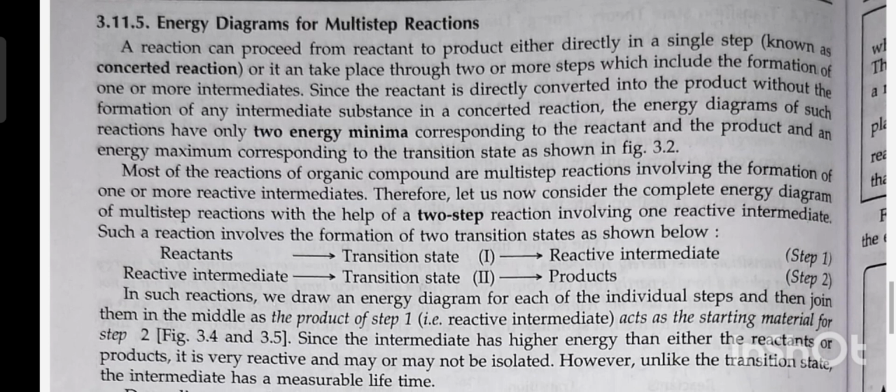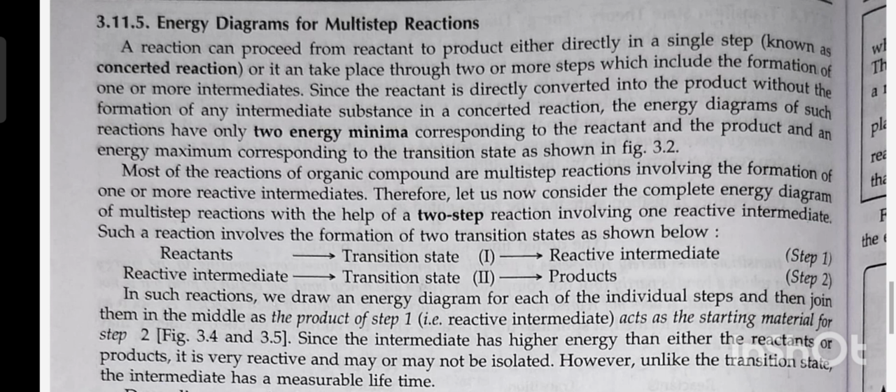Most organic reactions are multi-step reactions involving the formation of one or more reactive intermediates. Therefore, let us consider the complete energy diagram of a multi-step reaction with the help of a two-step reaction involving one reactive intermediate. Such a reaction involves the formation of two transition states as shown below.